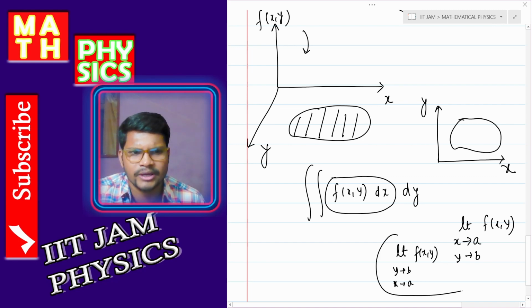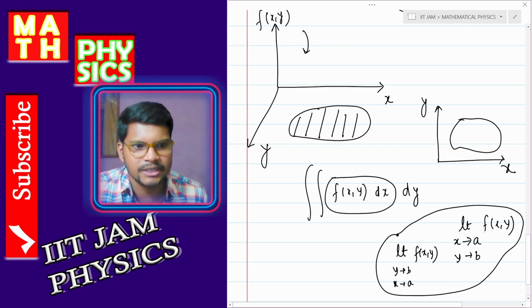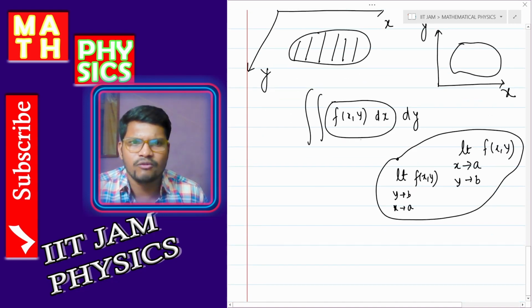So we understand that this function is not discontinuous, the limit exists, it means that this function is path independent.